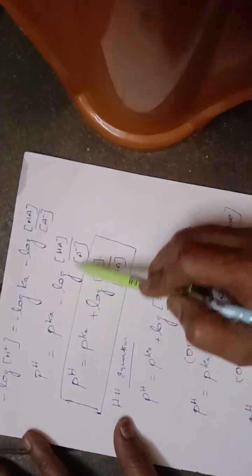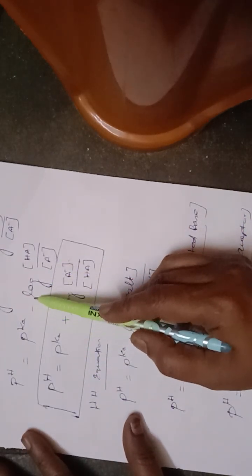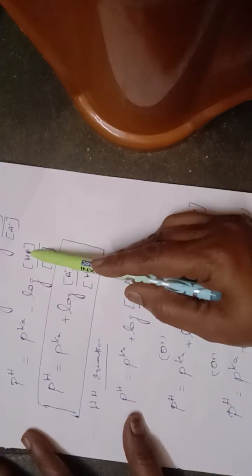So finally the result is pH equals pKa minus log HA by A minus. Here only one change happens: the negative sign is converted into a positive, and the fraction is inverted, A minus divided by HA.